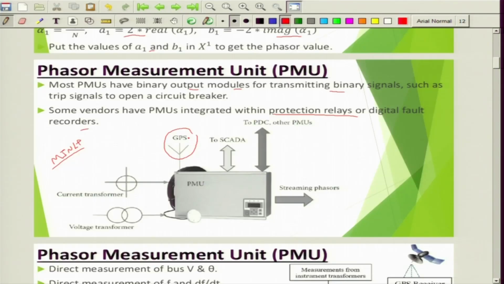Once the phasor measurements have been generated, they can be communicated to different control units using SCADA, and also synchronized with other PMUs. Eventually we will be able to take appropriate control actions based on these PMU measurements.